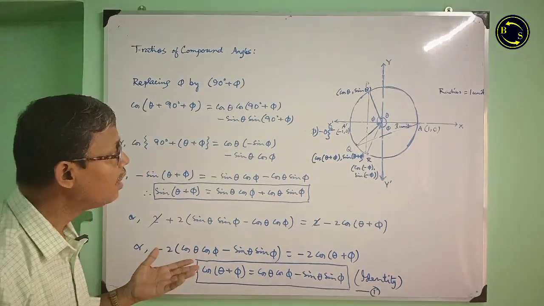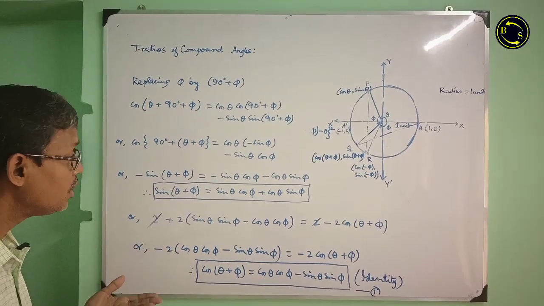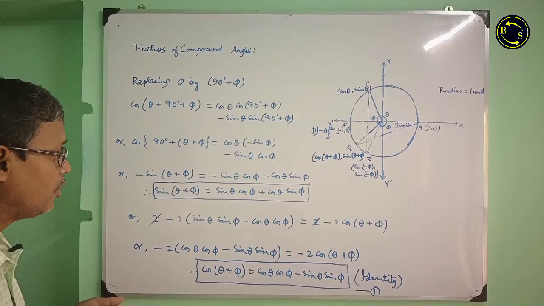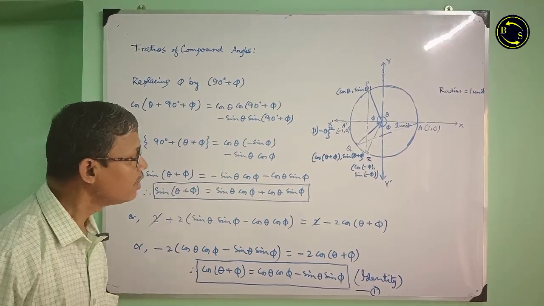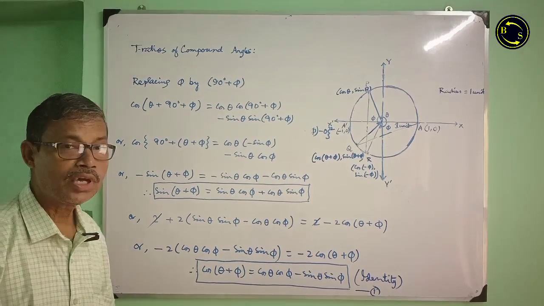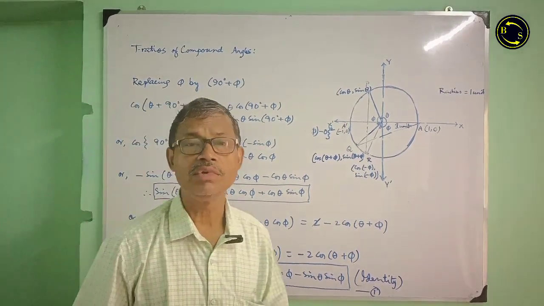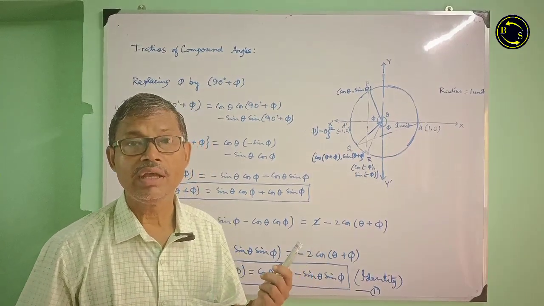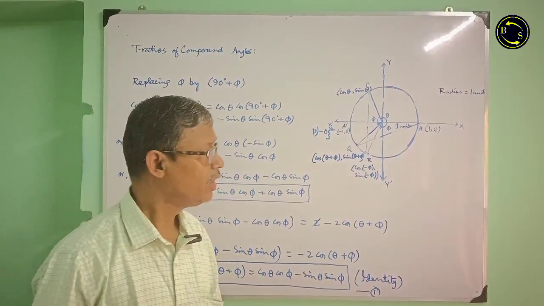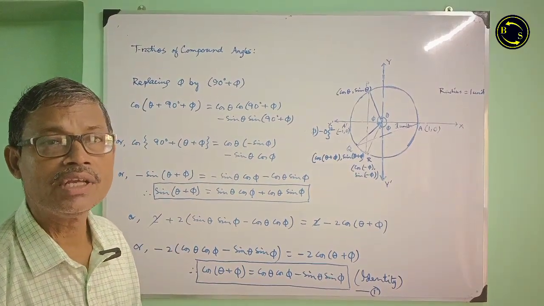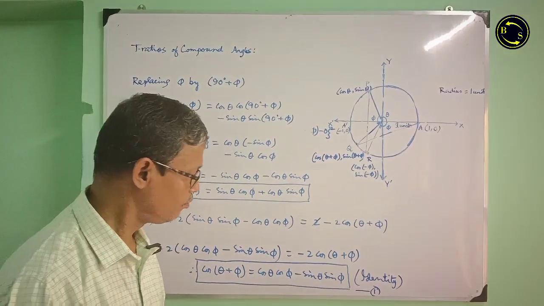That means theta may be acute, theta may be obtuse, phi may be acute, phi may be obtuse. This is general deduction. In case of theta, phi both positive acute and the sum also acute, we have another geometrical proof. Interested students or learners can deduce yourself.